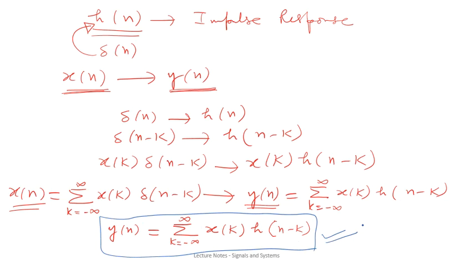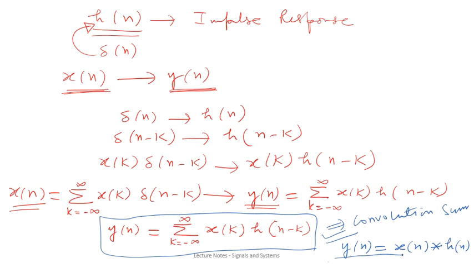This expression is called the convolution sum of the sequences x[n] and h[n]. You already know that convolution is generally expressed by the symbol y[n] equals x[n] convolved with h[n]. We had already discussed this for the continuous time case.